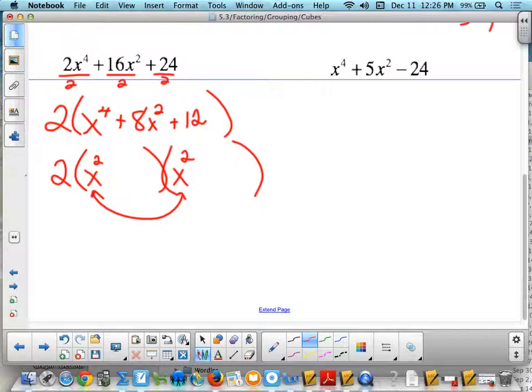Now, don't make this any harder than it is, because it's not hard. The only difference is right here. It used to be x times x, well now it's x squared times x squared. The process is still the same. Plus 6. Find two numbers that give you 12 when you multiply, but add up to what? 8. 2 and 6. So it's plus 2 plus 6, right?